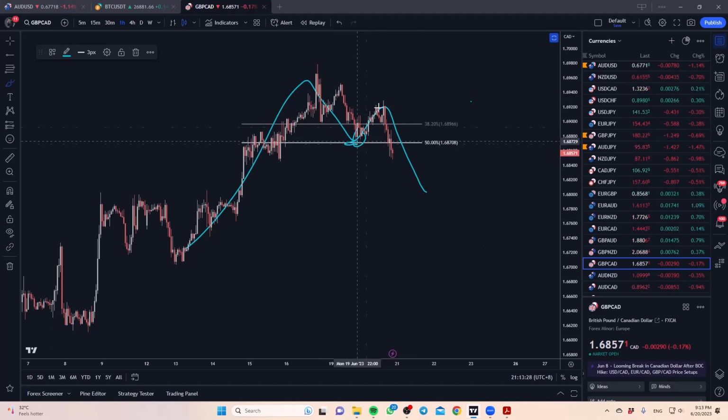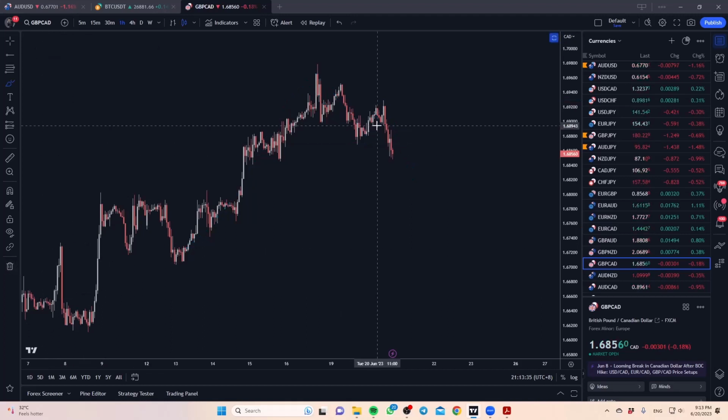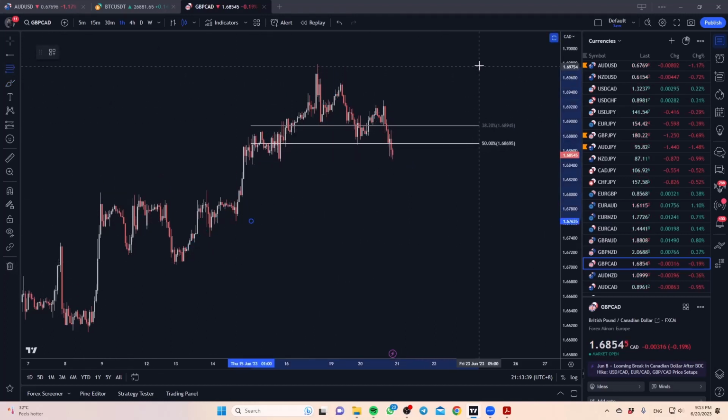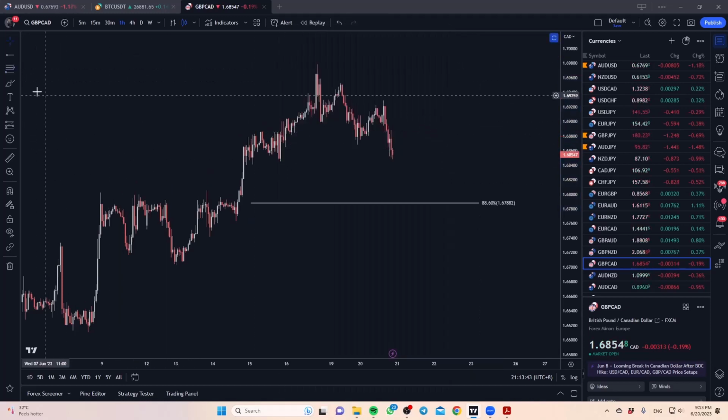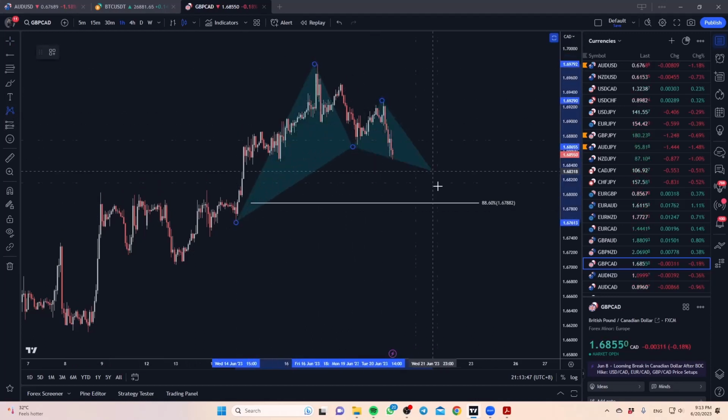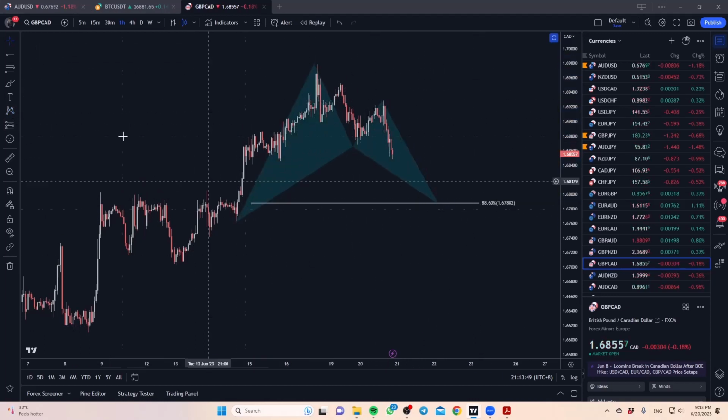Okay, and of course this pullback here with a rough estimation of this leg is 50% as well. So you do not need to always pull it once you're familiar with it, right? So by looking at that, then, you know, we have something like this, then this would be a bad pattern formation.